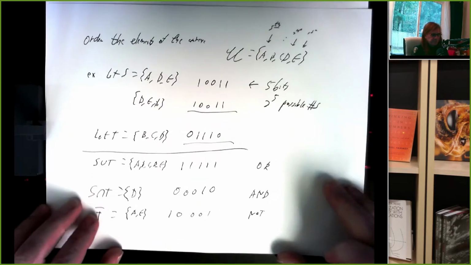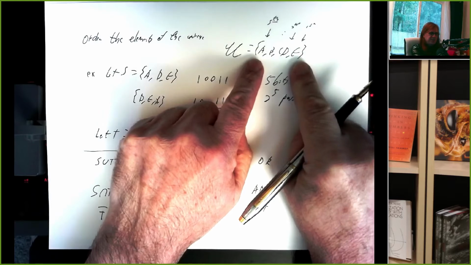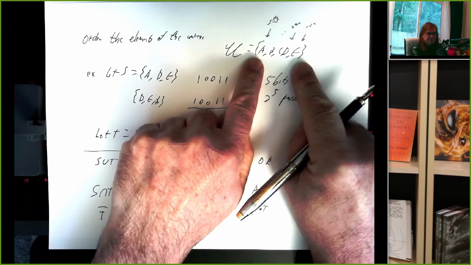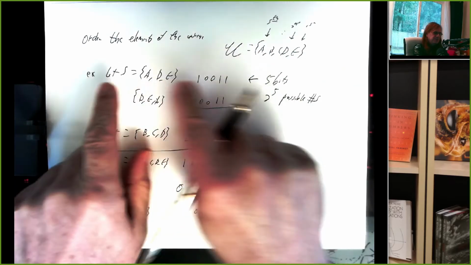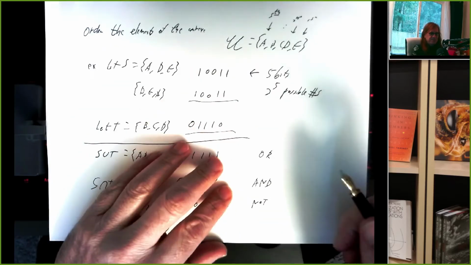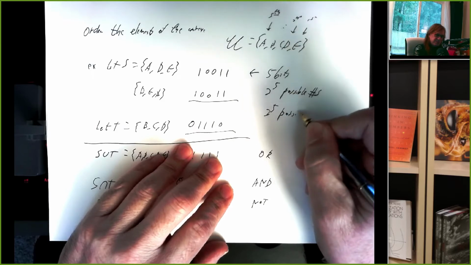Well, if I think of this as just a set, it's the universe, but I just think of it as a set, right? Every set I write is basically a subset of this. Every subset corresponds to a 5-bit number. Every 5-bit number corresponds to a subset. Since there are 2 to the 5th possible numbers, that tells me I have 2 to the 5th possible subsets.